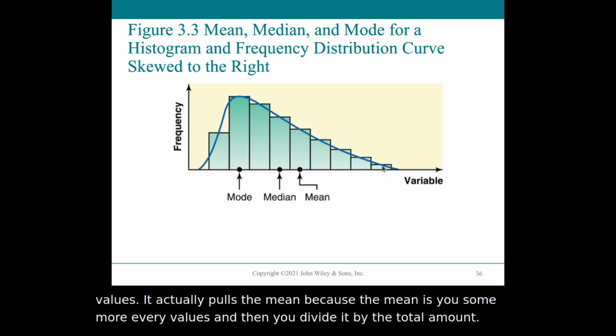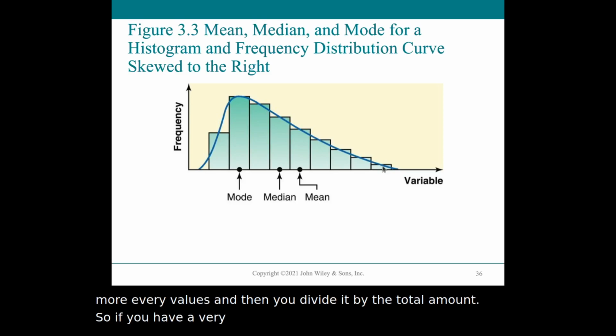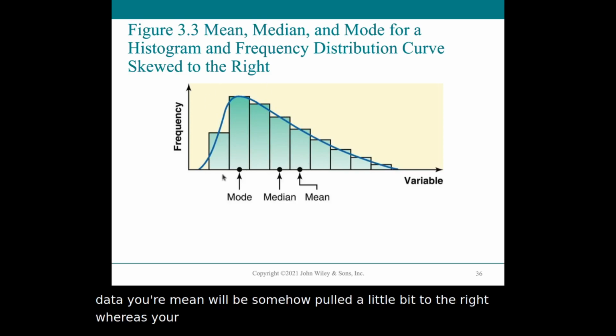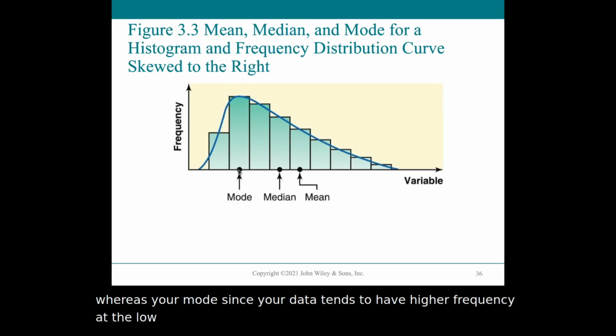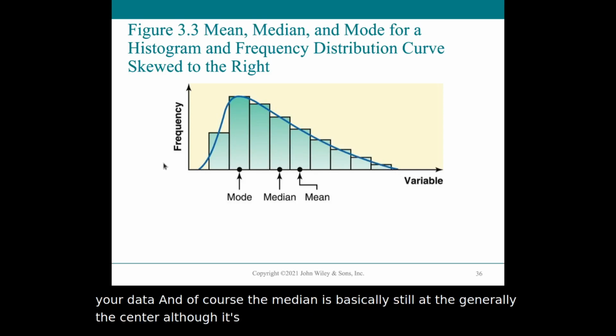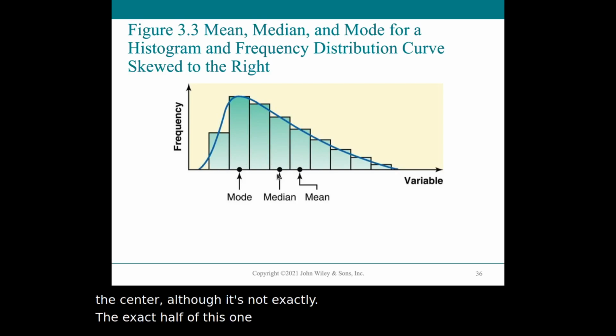So a small number of very high values pulls your mean a little to the right, whereas your mode, since your data has a higher frequency on the low side, sits at the low side of your data. And the median is still generally near the center, although not exactly half, but between the mean and the mode.